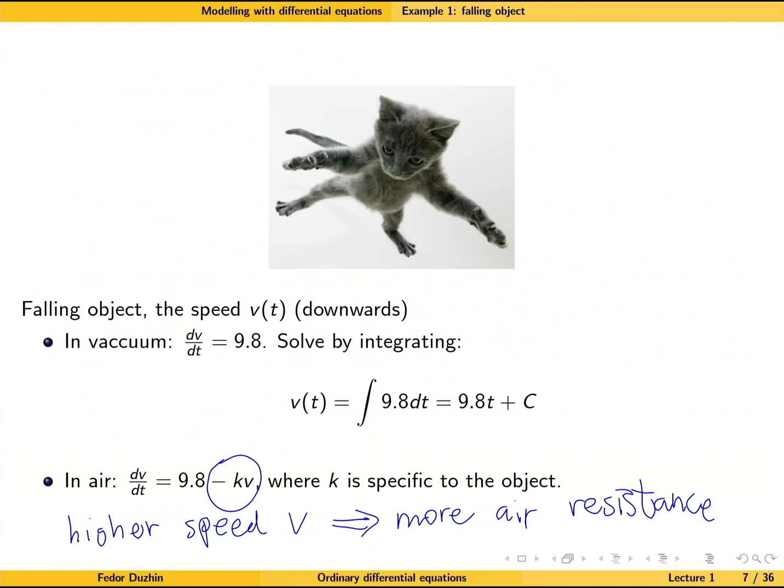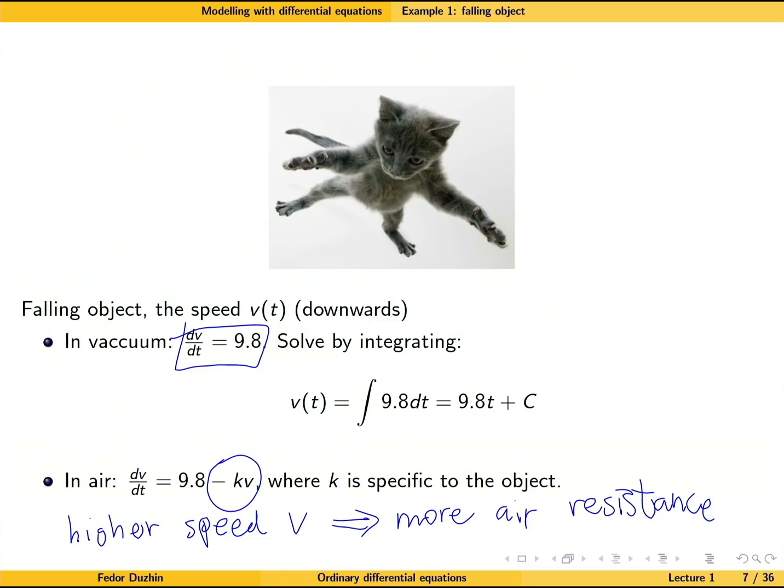So just know that the first equation is very accurate, right? This one is just the true equation. Whenever an object falls in vacuum, it satisfies this law of constant acceleration. But in air, it is somehow more complicated.